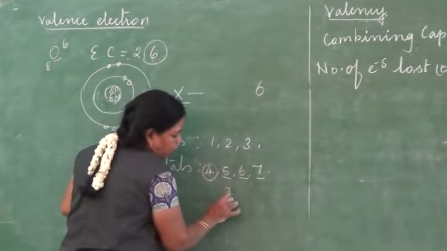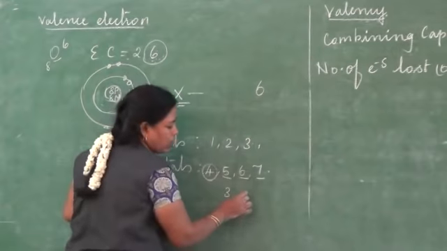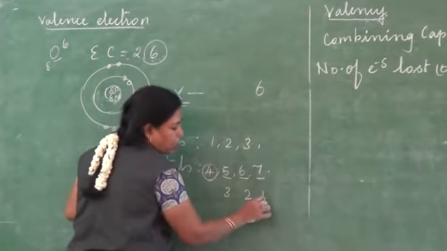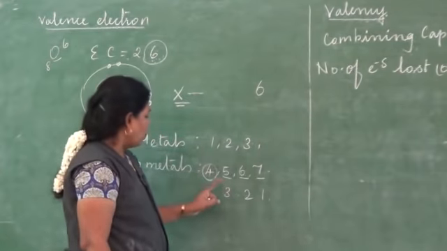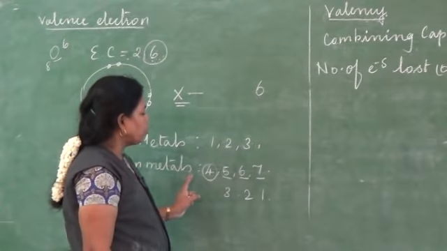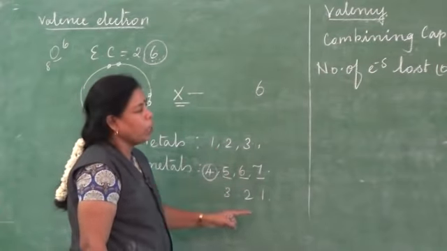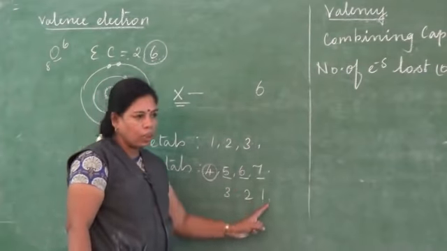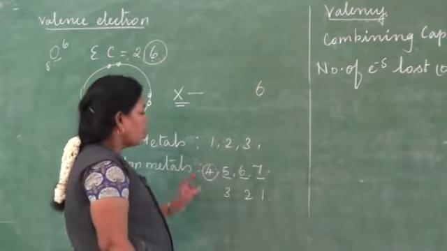This element will gain 3 electrons from some other element, this element will gain 2 electrons, and this element will gain 1 electron. So for elements which contain 5, 6, 7 valence electrons, they have the capacity of gaining 3, 2 and 1 electrons from some other element. That is the valency of non-metals.